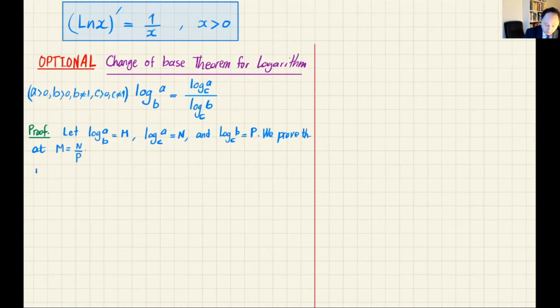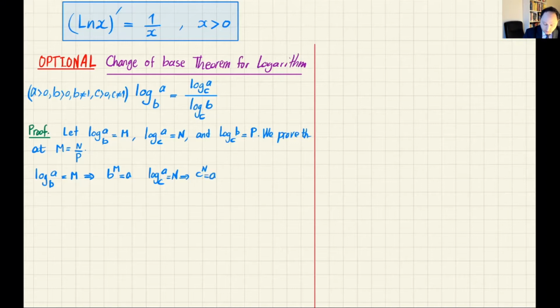Okay, but now when you say logarithm of a in base b is equal to m, what is the meaning? It means that if I write b to power m, it becomes a, yes? So this means that b to power m is equal to a by the definition of the logarithm. And when I say logarithm of a in base c is n, what do I mean? I mean that c to power n is equal to a.